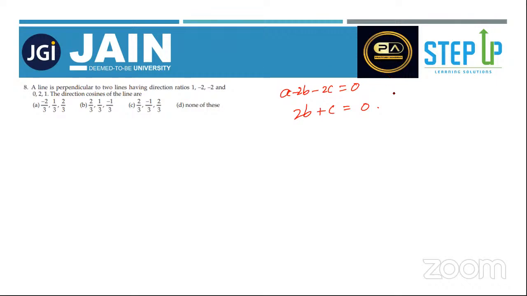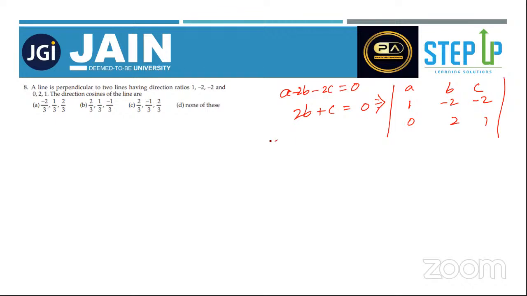Now, if you solve these equations, it is like a, b, c. Here it is 1, minus 2, minus 2. Here it is 0, 2, and 1. So what is the value of a?